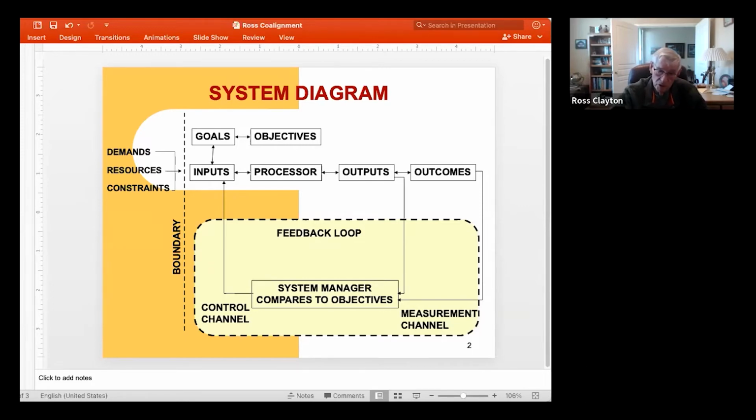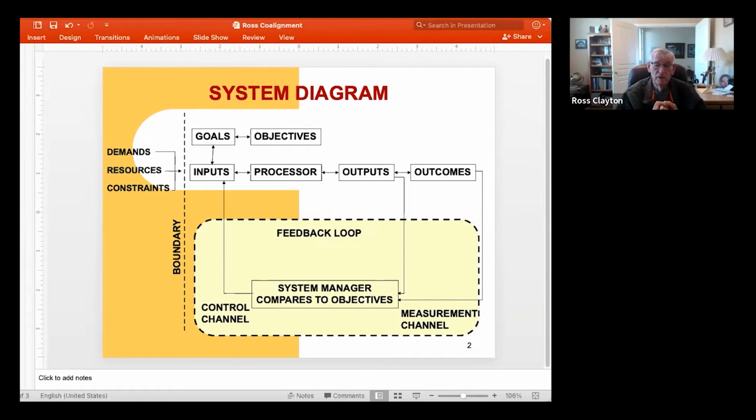So the measurement channel is measuring outputs and outcomes. And the system manager is the executive and his staff comparing what's coming out of their system with what they are striving for in terms of goals and objectives. And the control channel is essentially them making changes to steer the system over the next years.